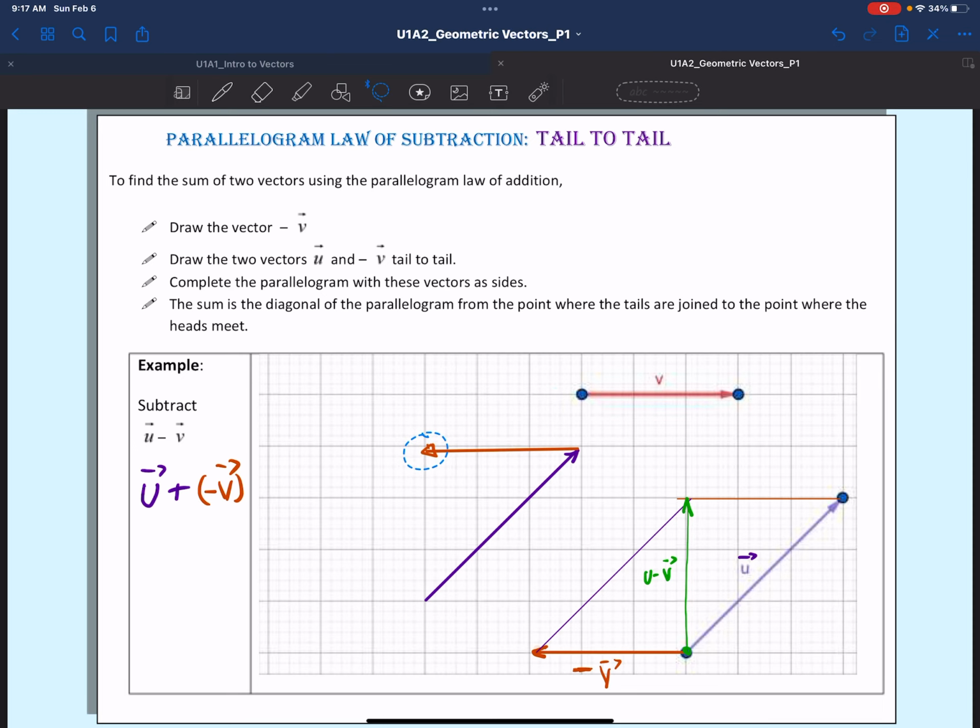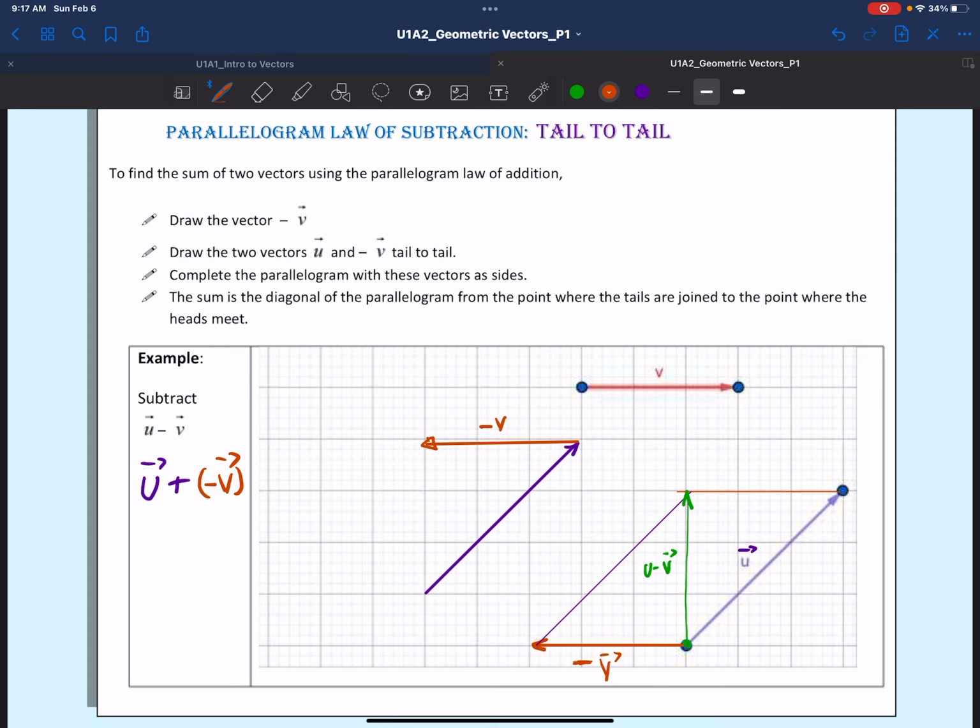Head to tail, right? So that's negative v. And the sum u plus negative v, or should we say the difference u minus v, will be this green vector here, which seems to be the same as the one that we got by using the parallelogram rule.